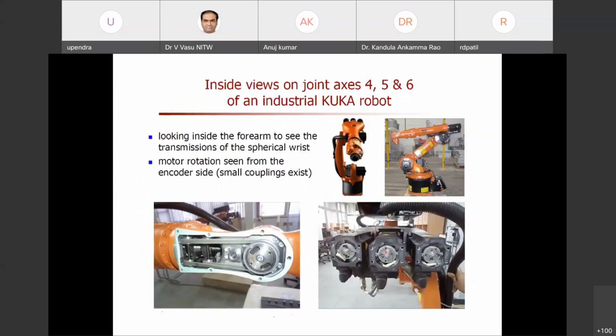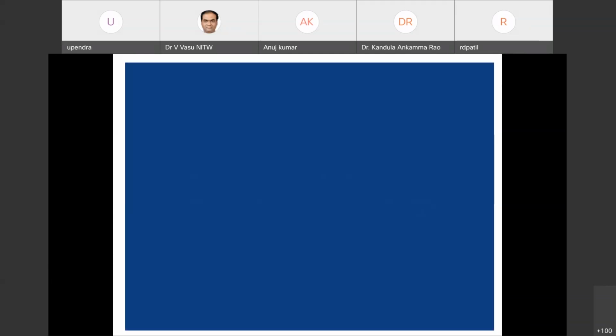Suppose there are 3 links: link 1, link 2, and link 3, and these are the 3 DC motors used: motor 1, motor 2, motor 3. These 3 motors are mainly used to move the links, and to transfer the torque to the links, we are going to be using gears and belt drives, which are mainly used in this KUKA robot.